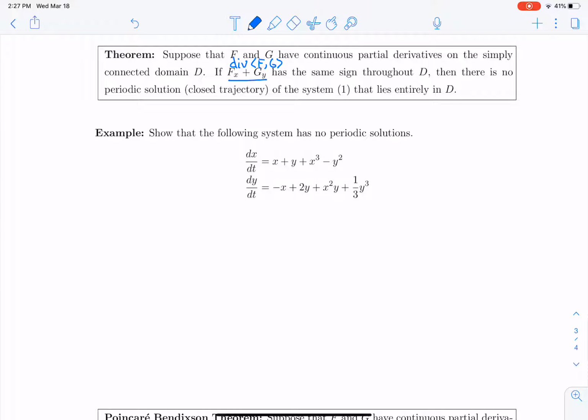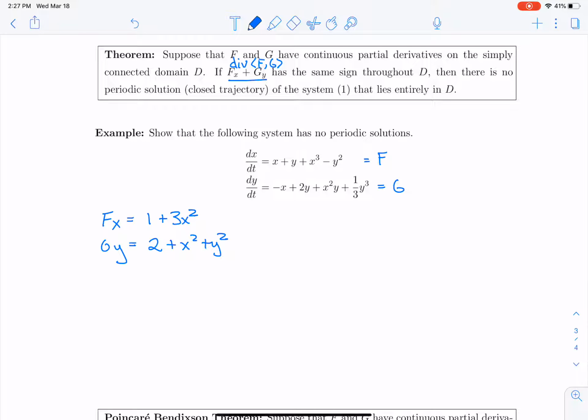dx/dt is going to be labeled as f, and dy/dt is labeled as g. The x derivative of f is 1 plus 3x squared. The y derivative of g is going to be 2 plus x squared plus y squared.